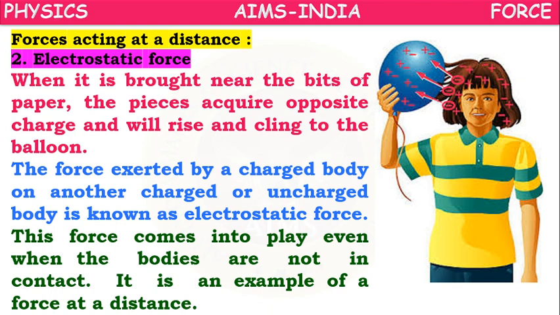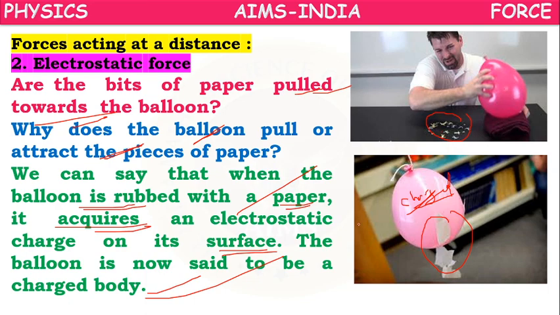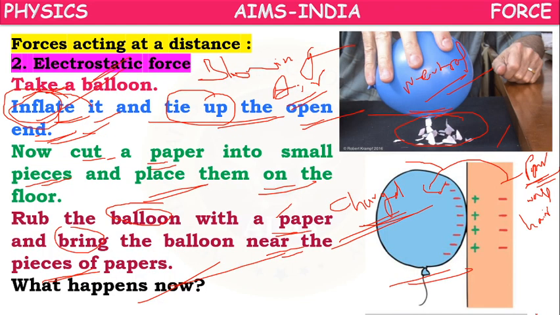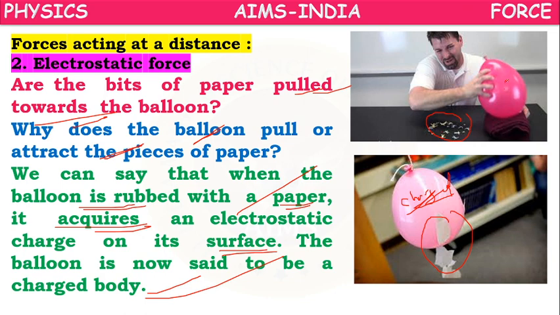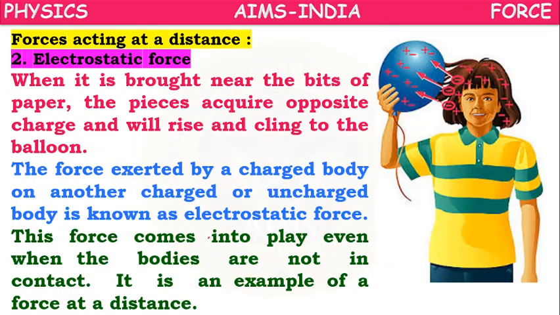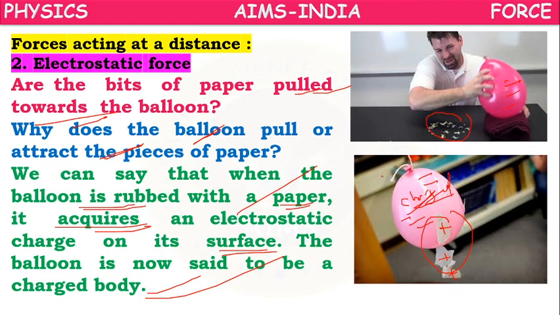Now suppose, like this, the balloon has negative charge particles. When it is brought near the papers, it will develop a positive charge on the pieces of paper. So negative charge, positive charge, opposite charges will attract.